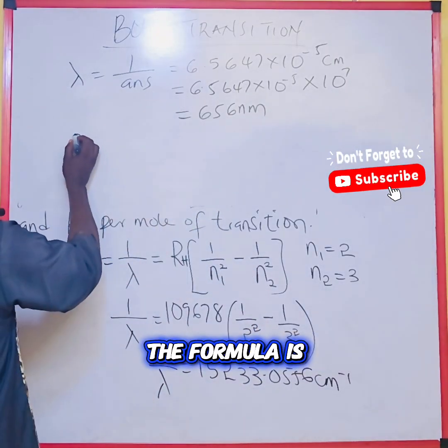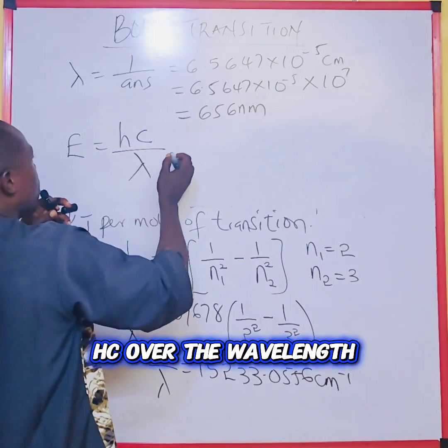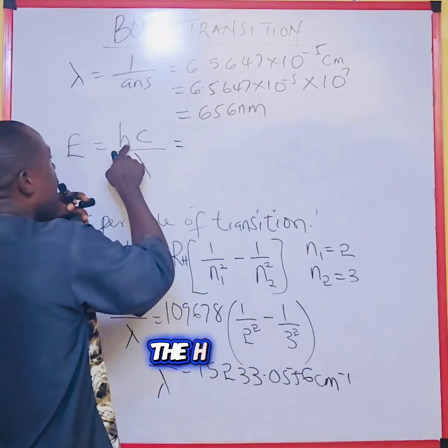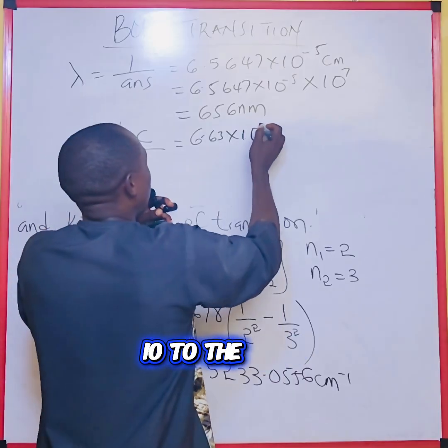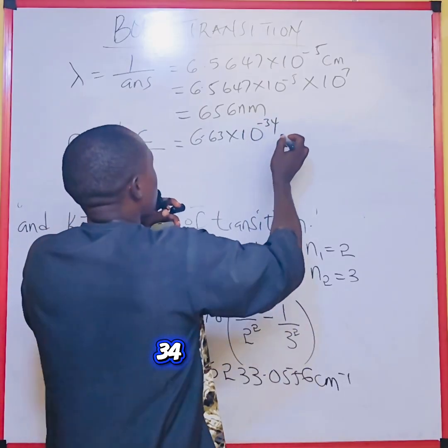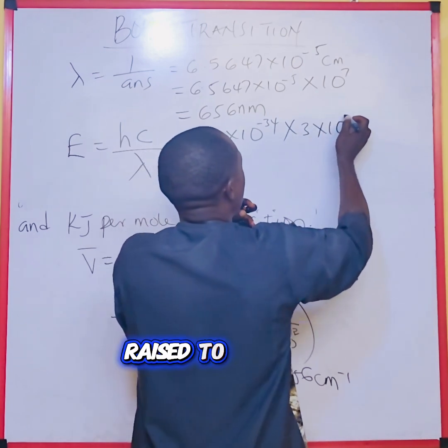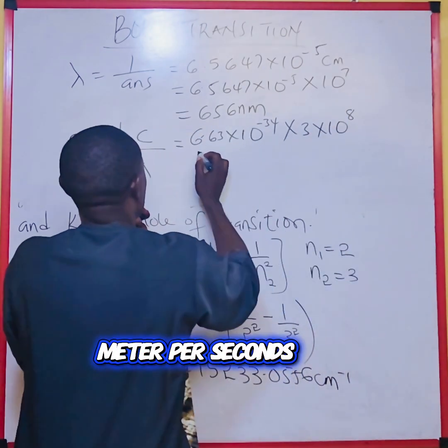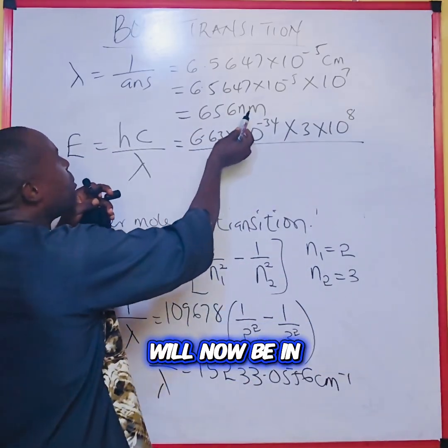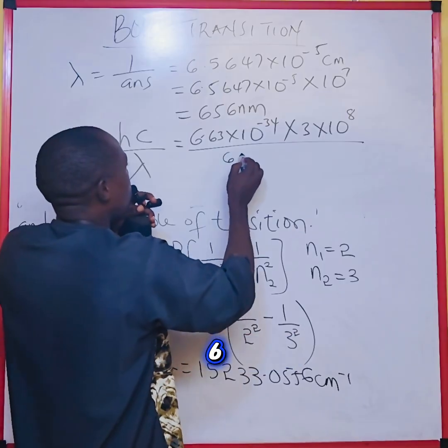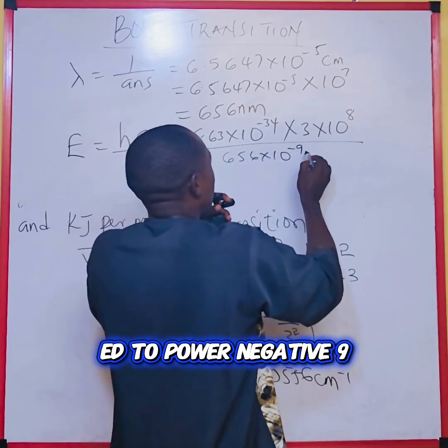The formula is energy is equal to hc over the wavelength, where h is the Planck constant, 6.63 times 10 to the power minus 34, times the speed of light, 3 times 10 raised to the power 8 meter per second, over my wavelength, which must now be in meters: 656 times 10 raised to the power negative 9 meters.